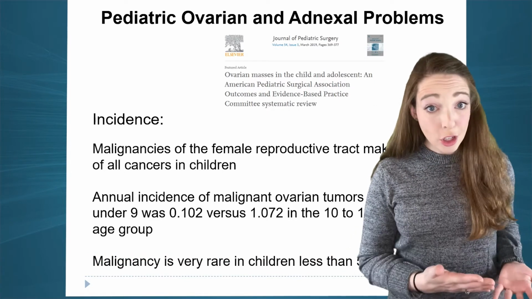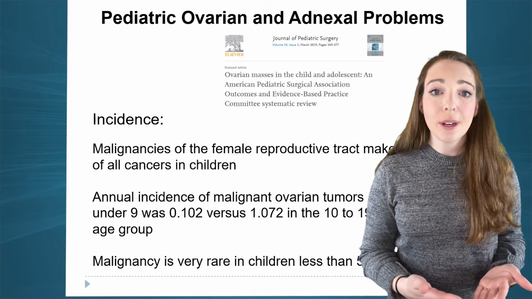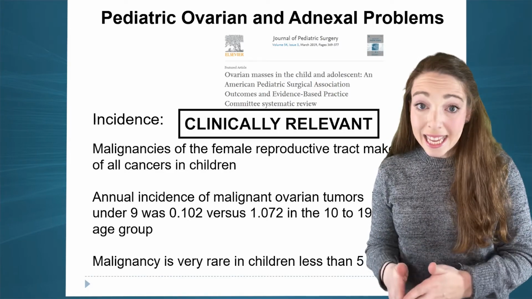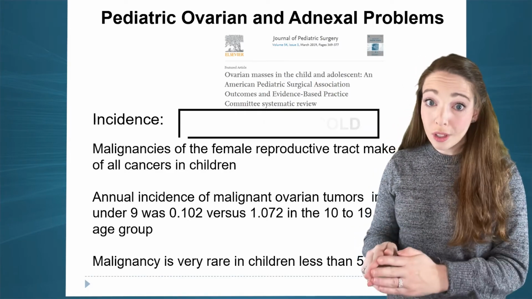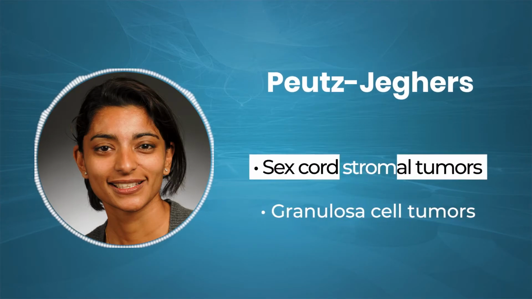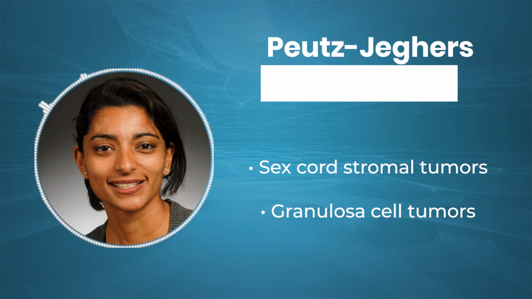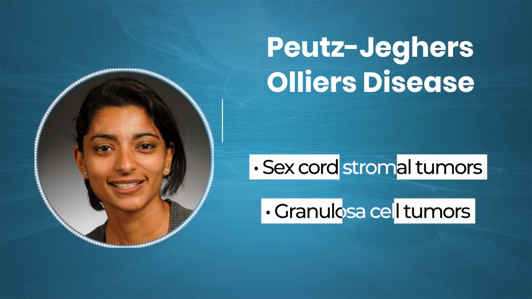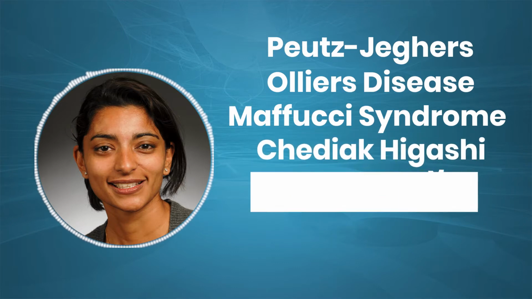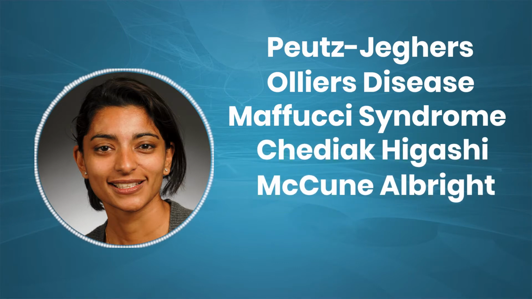There are genetic syndromes associated with ovarian tumors, and we know that these are both clinically relevant and board exam gold. So Peutz-Jeghers is associated primarily with granulosa cell tumors, sex cord tumors, same with Ollier's and Maffucci syndrome, and then other ones, Chediak-Higashi and McCune-Albright, also associated with ovarian tumors.